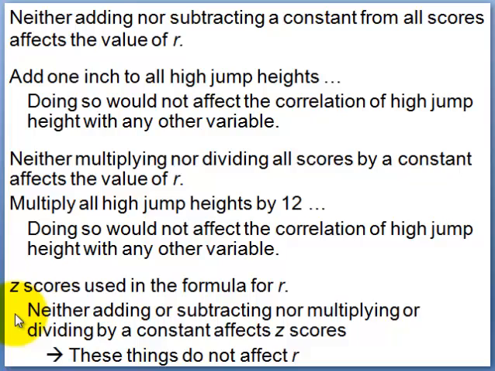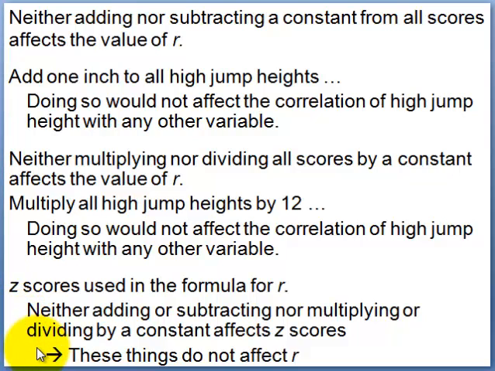One could then convert the high jump height measured in inches to z-scores. Those z-scores would be precisely the same for each case as the z-scores you would get if you had high jump heights measured in feet and used those measurements to compute the z-scores. In sum, it's a nice feature that neither adding nor subtracting nor multiplying or dividing by a constant affects the value of R.